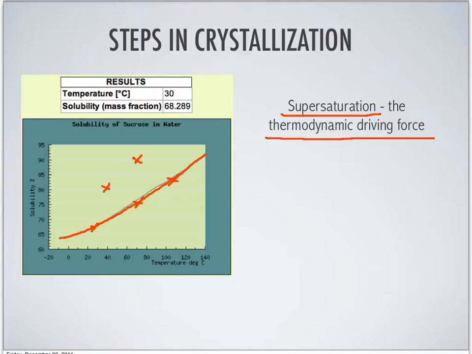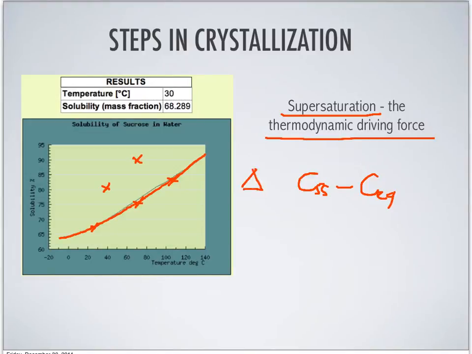So we can express the supersaturation of the solution by taking the difference between the concentration of a saturated solution, let's say we give the notation CSS, and the concentration at the equilibrium, which is the equilibrium solubility.